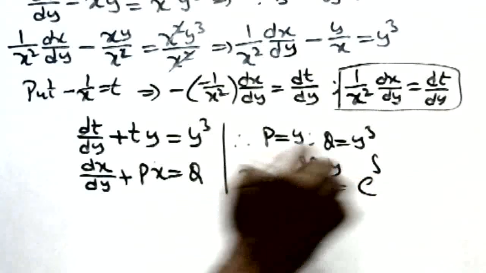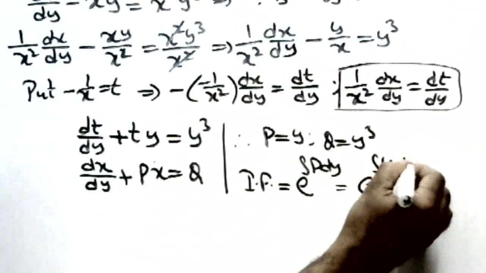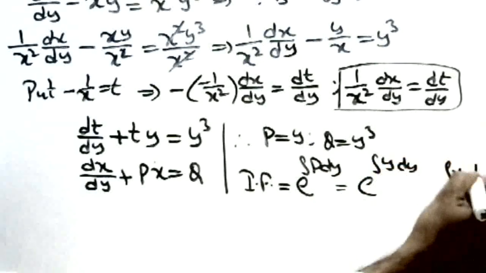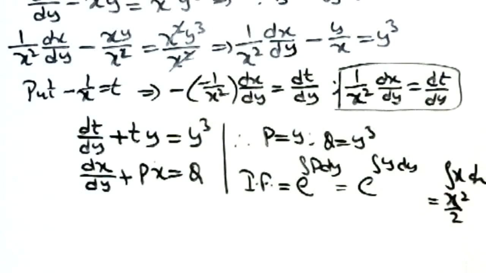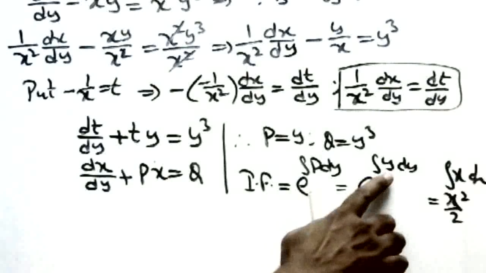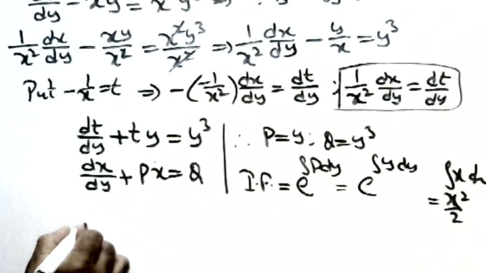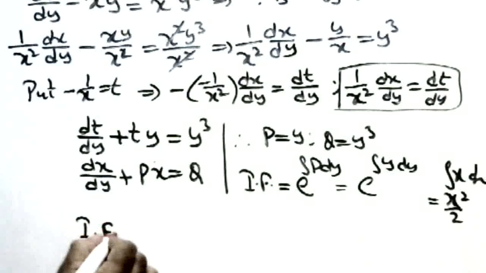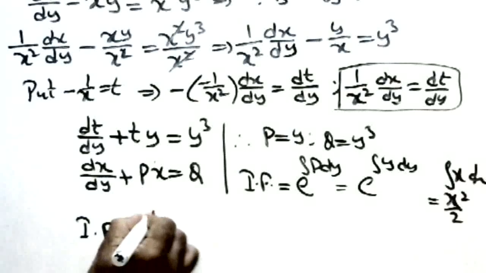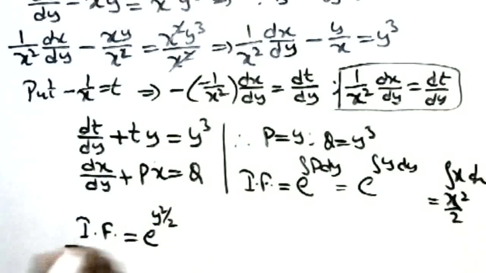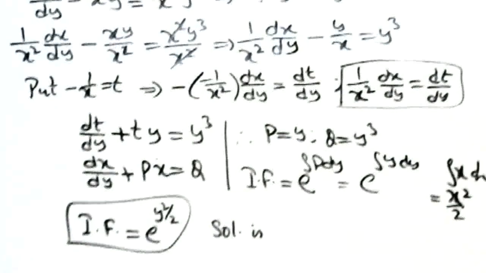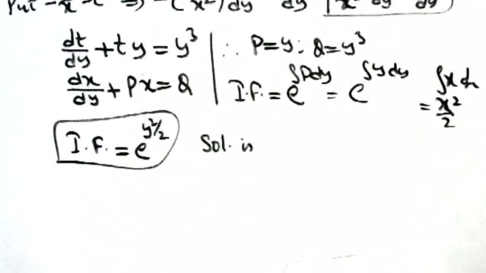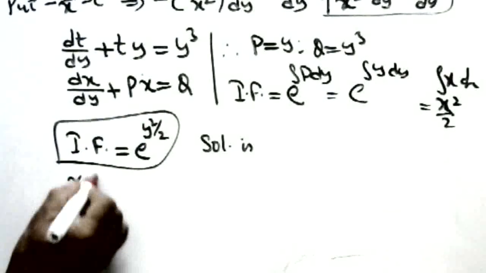Now the value of p is y, so the integral is y dy. Integration of y will be y square by 2. So we get the integral factor equals e to the power of y square by 2. Now the second step is the solution, its formula is x into the integral factor, sorry, t into.